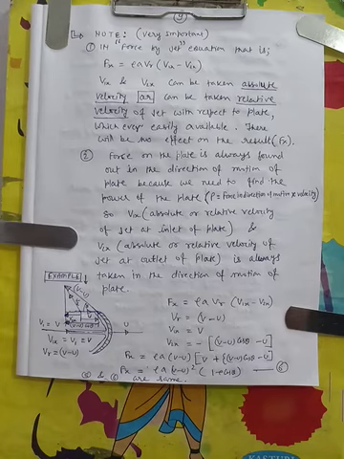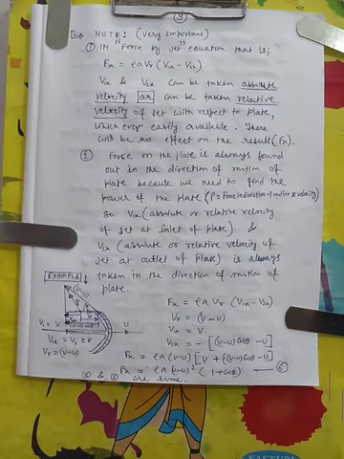So V1x and V2x can be taken absolute velocity or can be taken relative velocity of jet with respect to plate, whichever is easily available or whichever we can calculate easily. There will be no effect on the result of force.